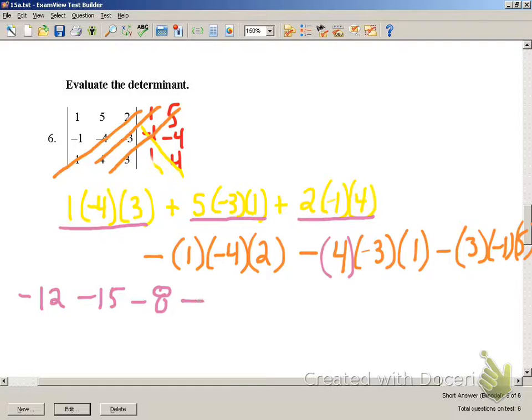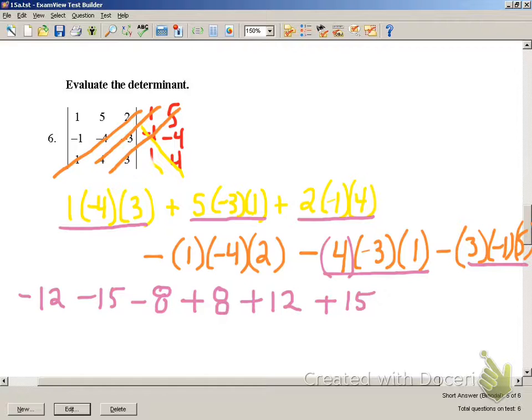So minus 1 times negative 4 times 2, which is negative 8, so it becomes a positive 8. Minus 4 times negative 3 times 1 gives us a negative 12, so that becomes positive 12. And minus 3, negative 1, 5 gives us a positive 15.